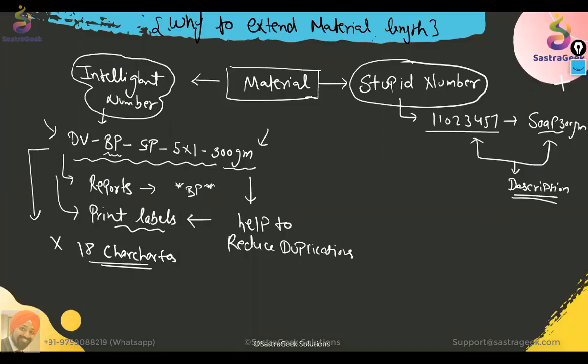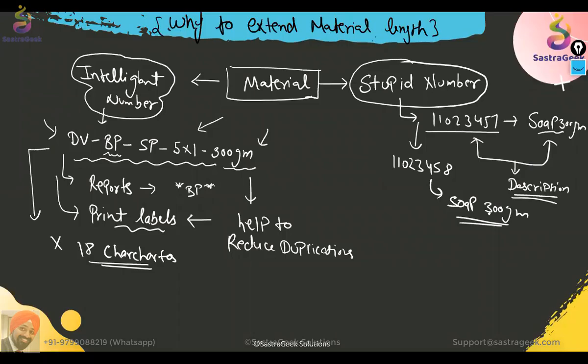And if they are following the same nomenclature, if this product already exists, it will pop up. You would not be able to create duplicated products. However, here you can create a product 1, 1, 0, 2, 3, 4, 5, 8, again soap 300 gram. So it helps you reduce duplicacy.